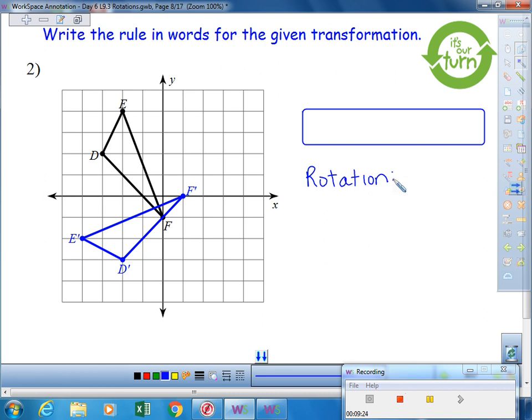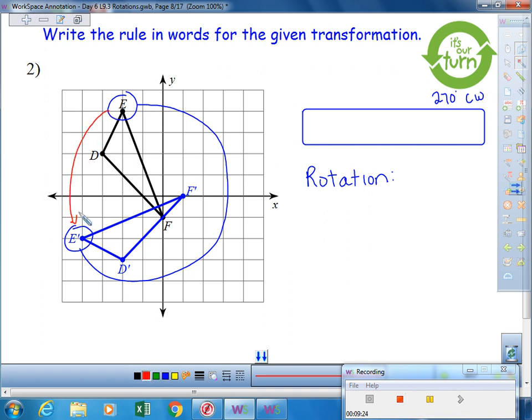Now, what letter should we pick? E. Okay, so we start with the letter, not letter prime, the letter. And we're going to go here. So, how many quadrants? Here's 1, 2, 3. 3 quadrants, 3 times 90 is 270, and this is clockwise. You can go the other way.